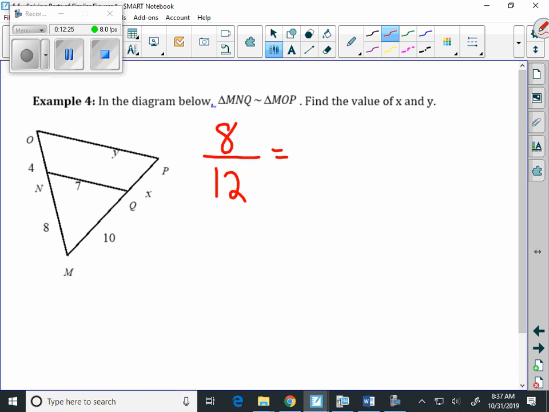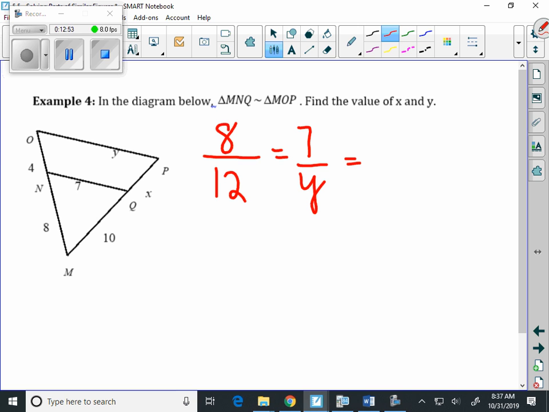If we go to the next value here, NQ is 7, OP is Y, and since we're looking at the setup of the similar triangles here, we might as well do the third one, the third fraction here, which is going to be MQ.